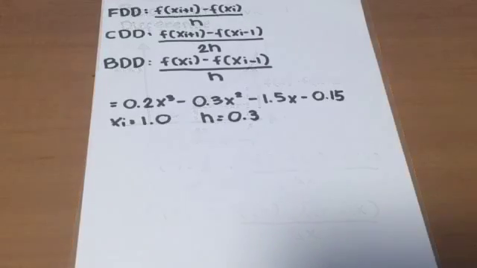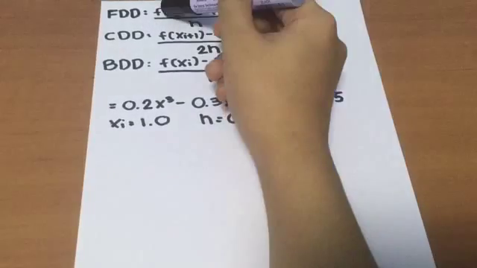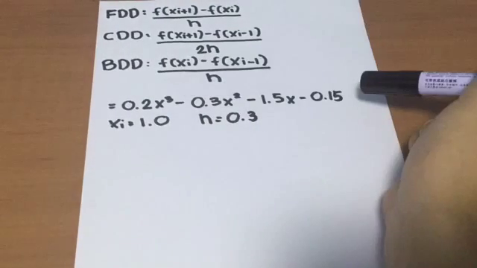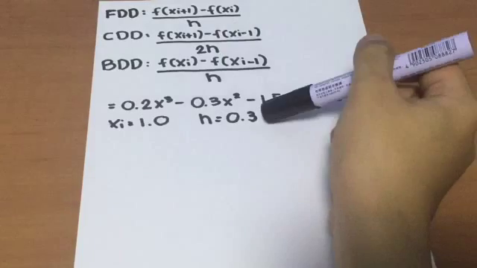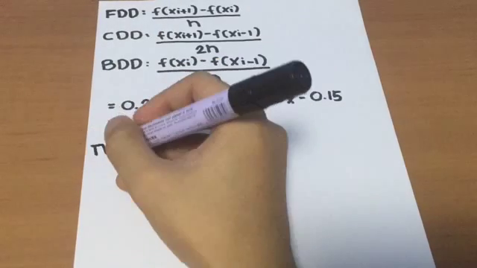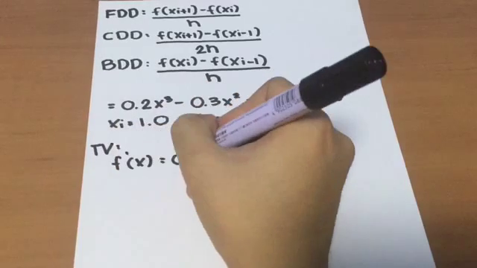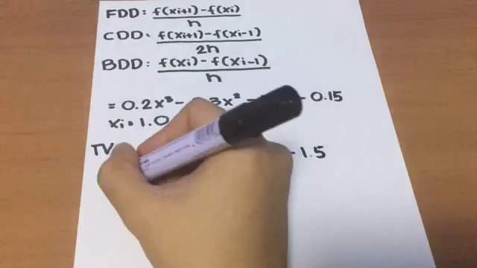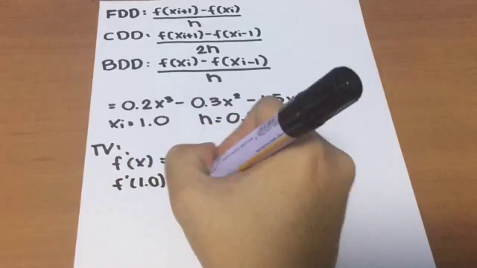We have here our equations for FDD, CDD, and BDD, and we are asked to solve this equation. We are given the xi and our step size h, so we have 1 and 0.3.